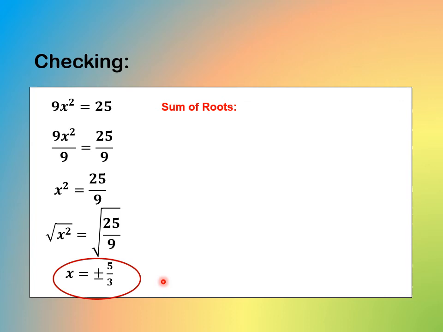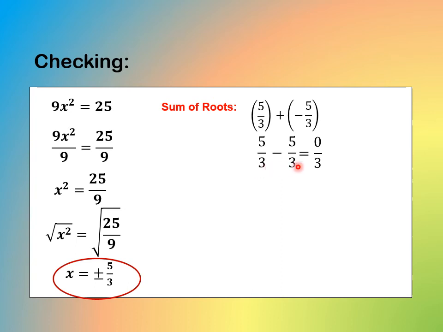So, let's check for the sum of roots. For the sum of roots, we have positive 5/3 plus negative 5/3. If we go back to adding signed numbers, in adding different signs, positive plus negative, we need to subtract. So it becomes 5/3 minus 5/3.